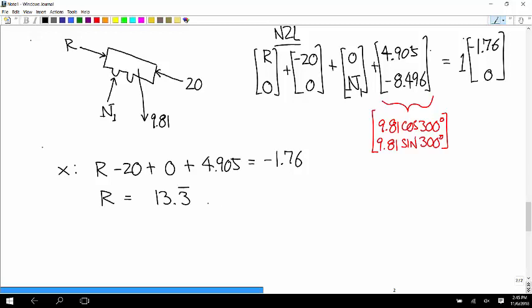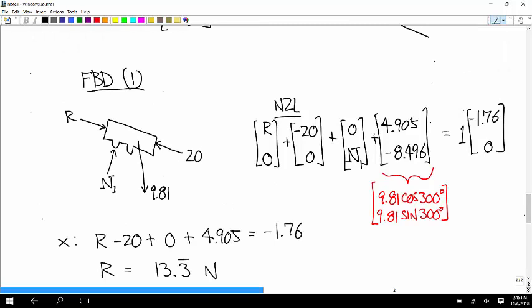13.3 repeating newtons. And to put that into a force vector, this here is the force vector applied to the 1 by the 2. We just didn't know what r was yet.